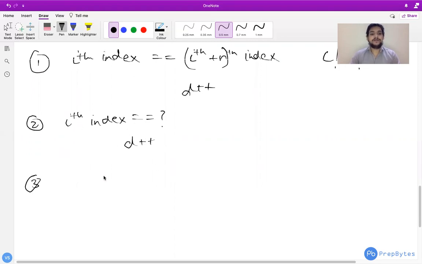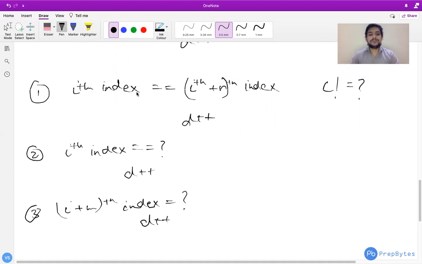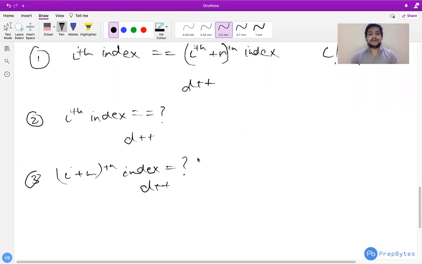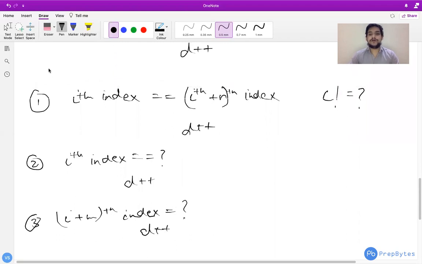And when both the ith index and the I plus nth index have question marks at the same time, then we can also increase this count. So these are the only cases, and at last we can take one variable equal to count.